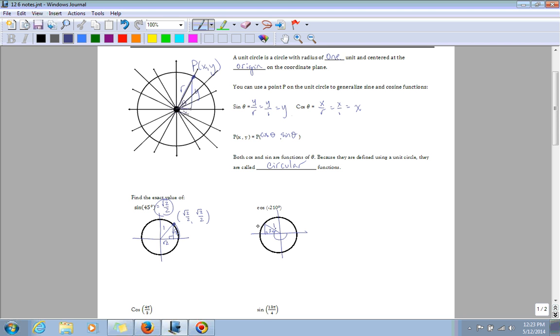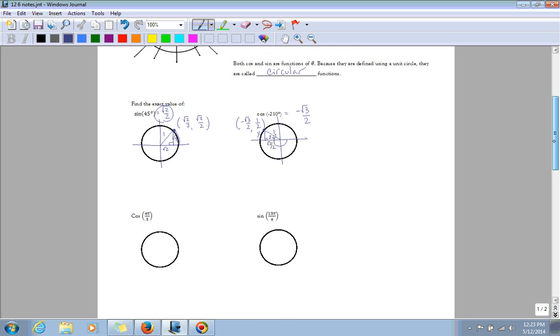Across from the 30 would be half of that, which is 1/2. And across from the 60 degree angle, across the x-axis, is square root of 3 over 2. That means the point went left by the square root of 3 over 2, which is negative, and up by 1/2. The cosine value is going to be the x-coordinate of that point, which is negative square root of 3 over 2.